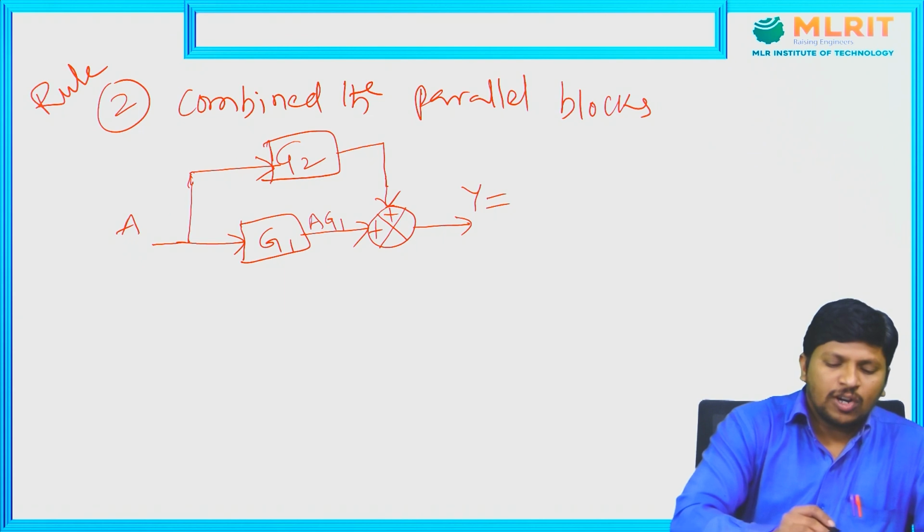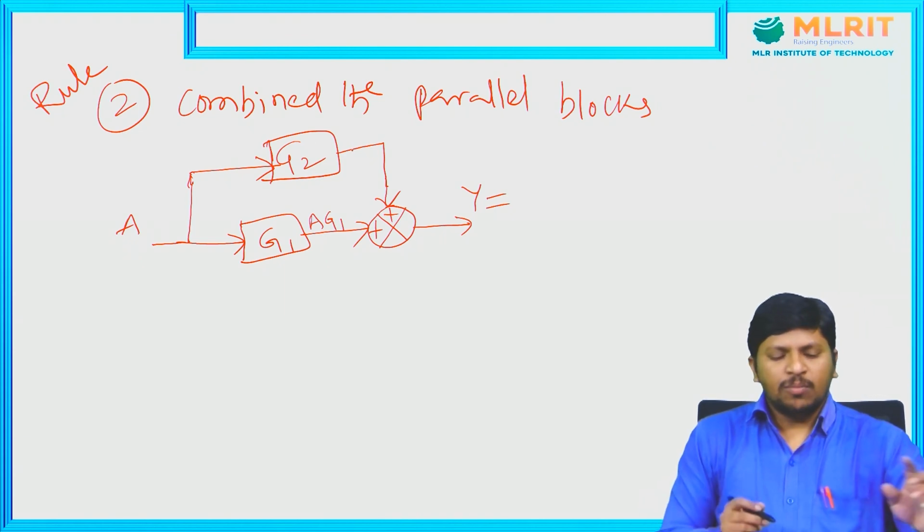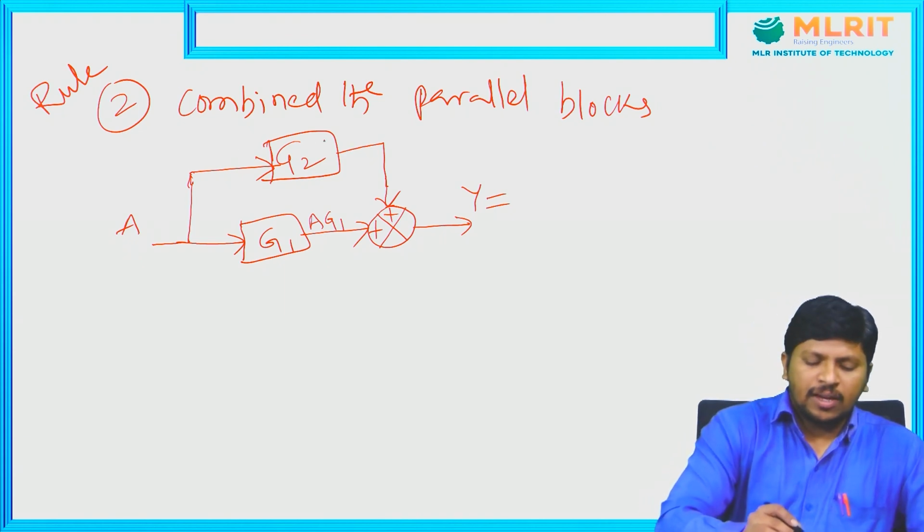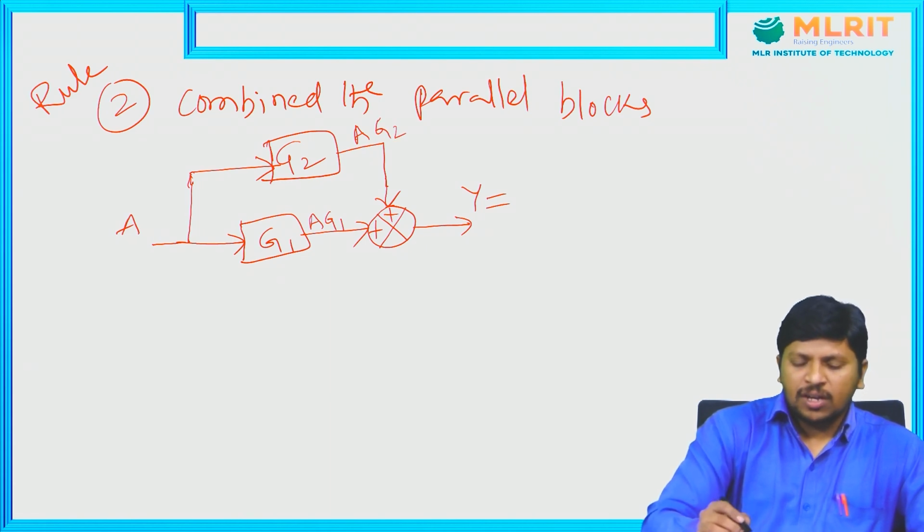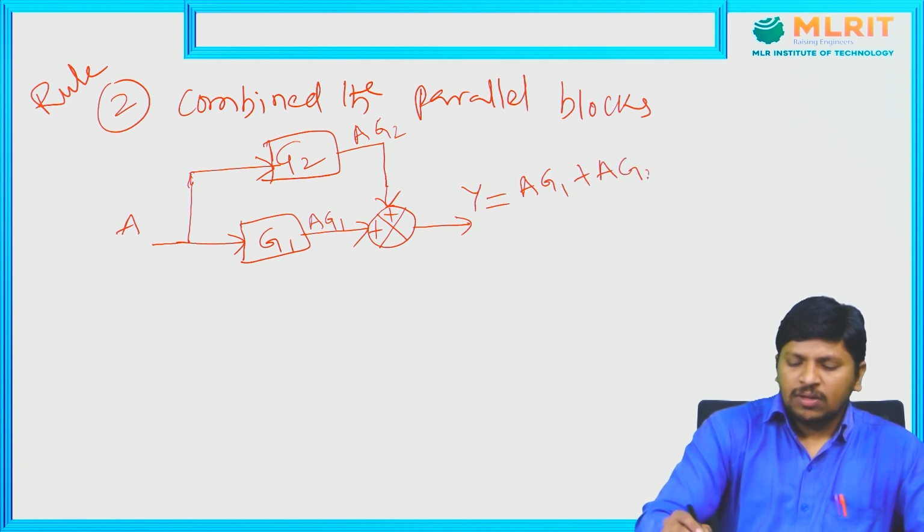Next, what is the output for the second block? The same signal A goes to G2, so AG2. These two are combined in the summing point, and the output is AG1 plus AG2, which is A common, times G1 plus G2, right?